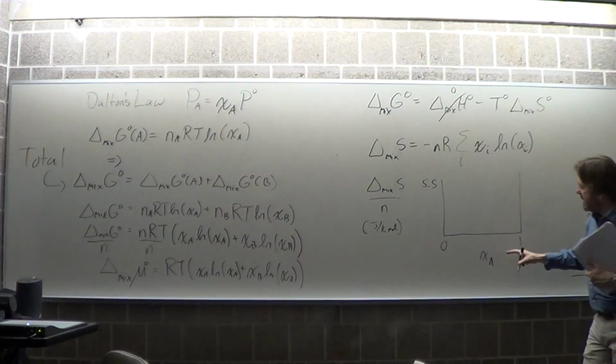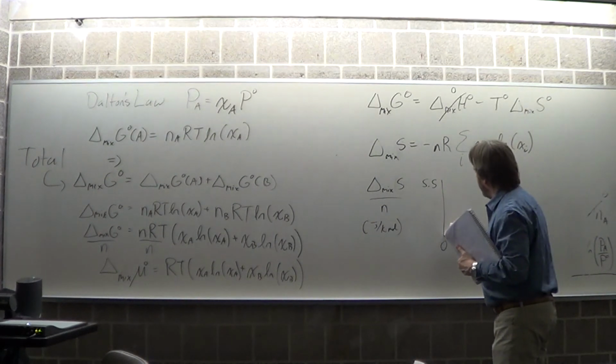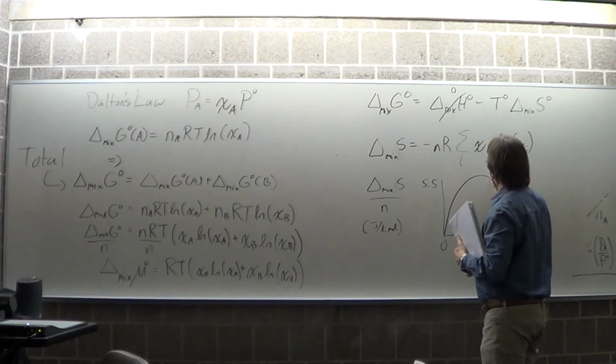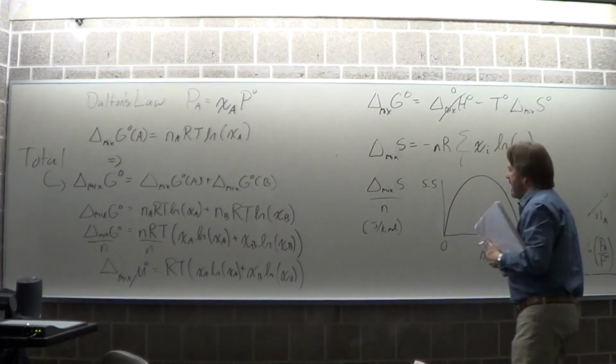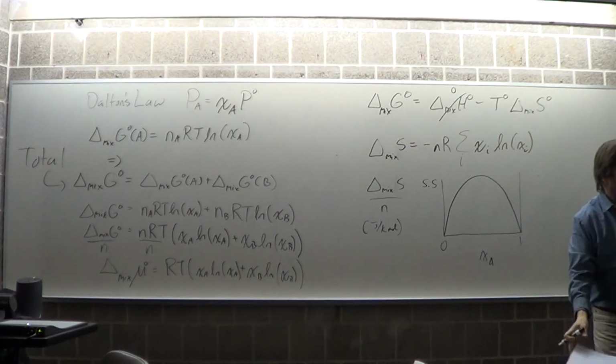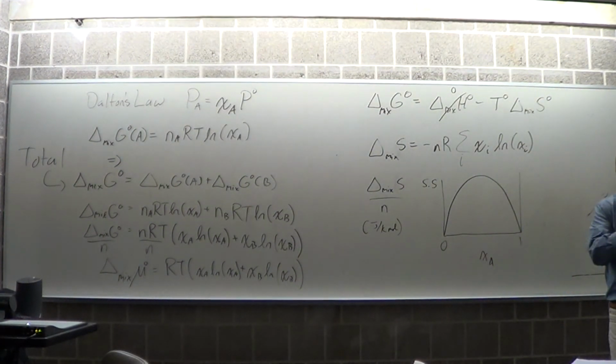Okay, again, if there's nothing to mix with, there's no entropy of mixing. But again, the most entropy, now hopefully this makes more sense. The way to increase entropy is to have the most mixing. The way to mix things the most in an A plus B scenario would be to have equal parts, right?